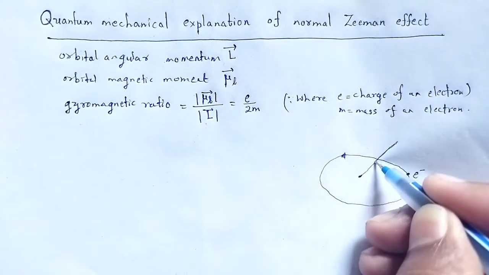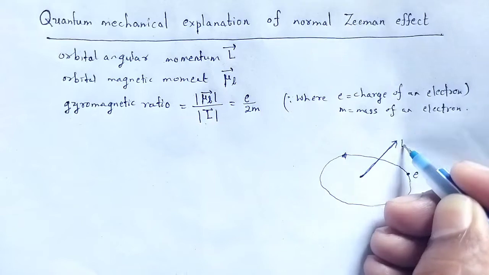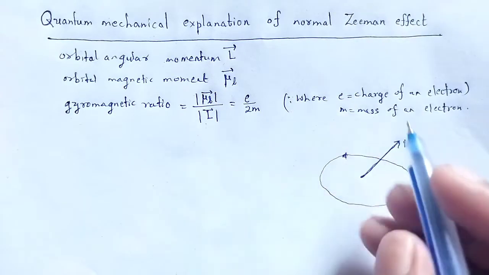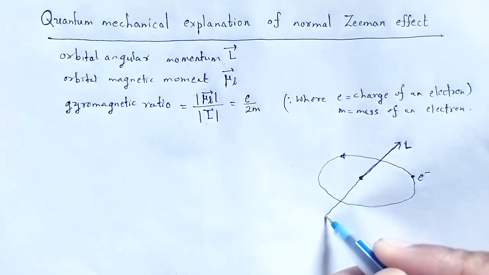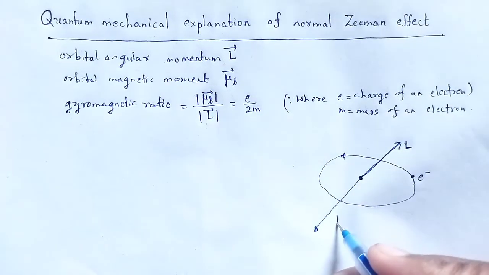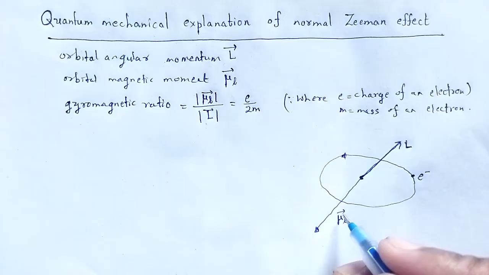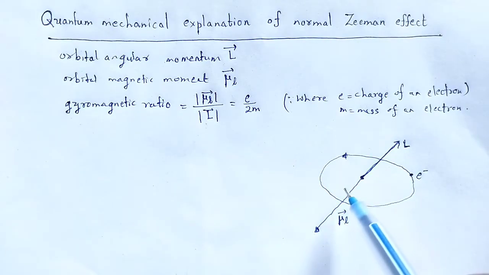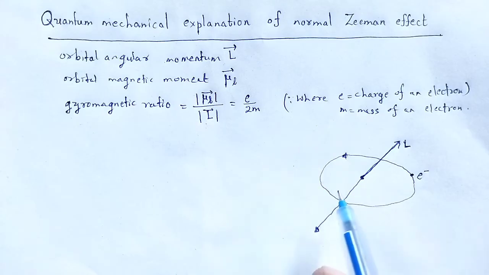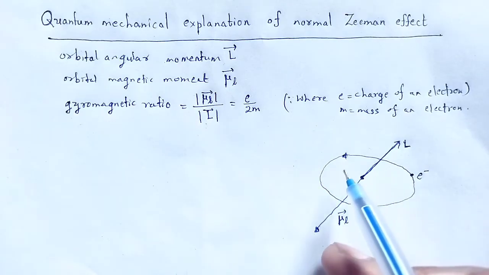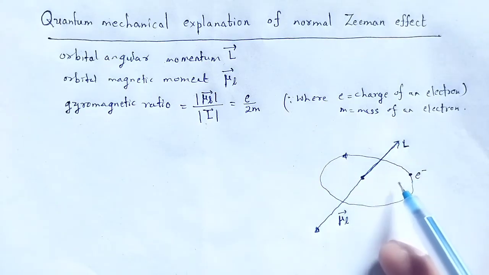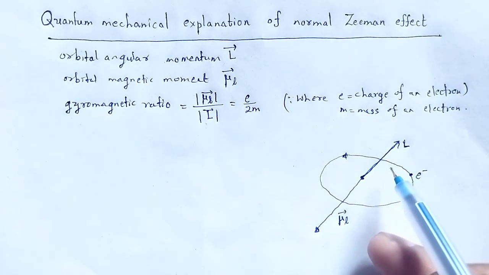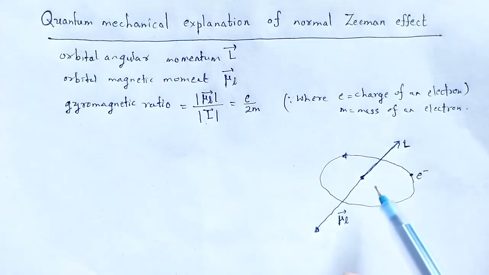That one is the L vector, and the mu L vector is just opposite to the L vector, as the electron is negatively charged and the current direction is opposite to the electron flow.